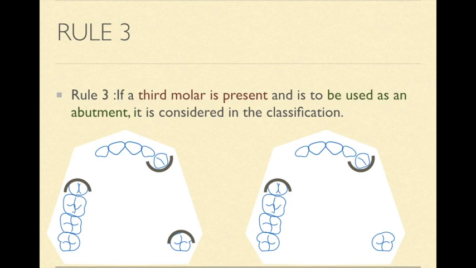On the right side, we will not use the third molar as an abutment. So you will be given a different classification on the left side because you are going to use the third molar. That's an edentulous area between anterior and posterior teeth. So that's Class 3. And you have one modification area. That's why we call it Class 3 modification 1.